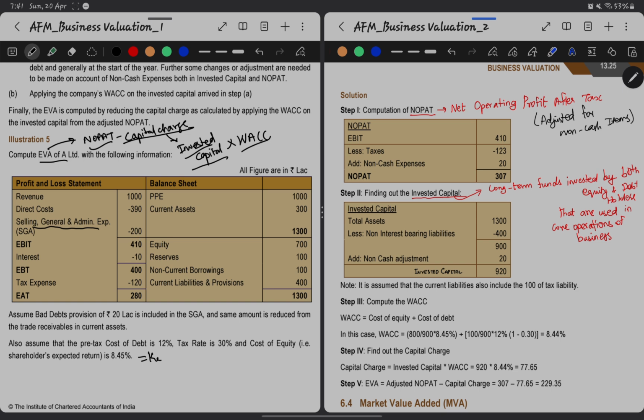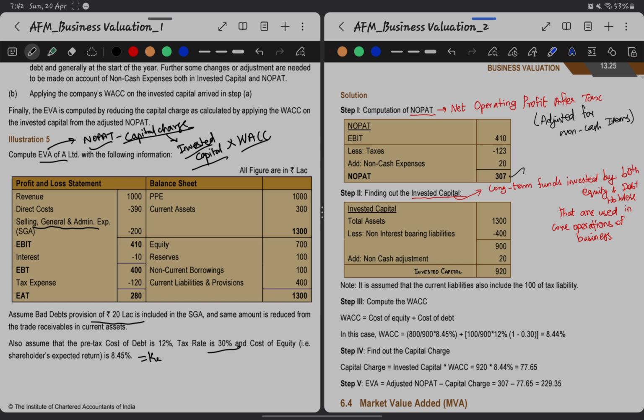On that we will be adjusting the taxes, which is around 30%, and non-cash expenses we have to add back, which is the provision for bad and doubtful debts, to arrive at the operating profit made out of the core business activities.